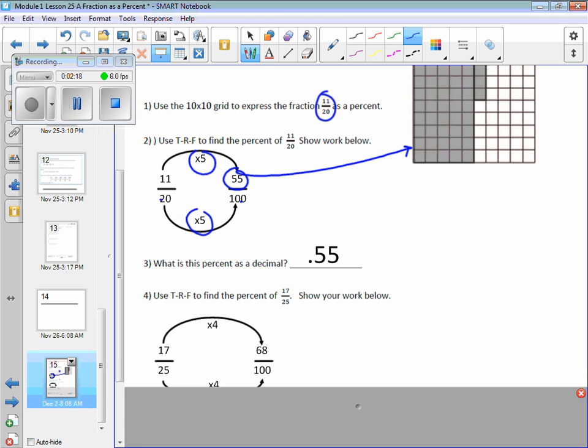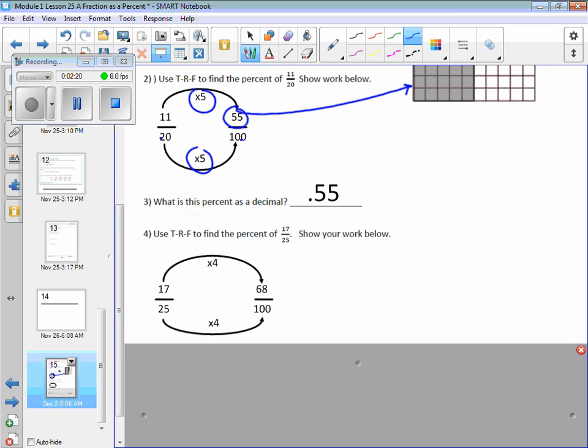Okay, so that's that. So our equivalent ratio is 68 over 100. Again, once you have a number that has a denominator of 100, our numerator becomes our percent. So it's 68%. What is that as a decimal equivalent? Lily? 0.68.